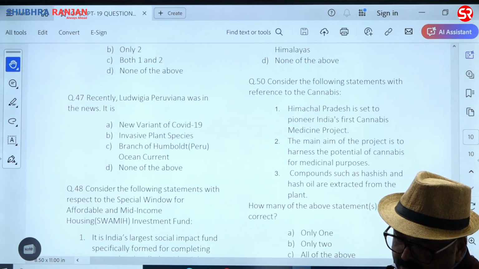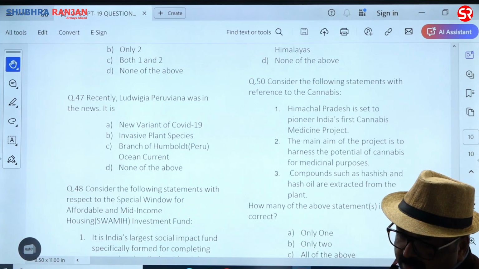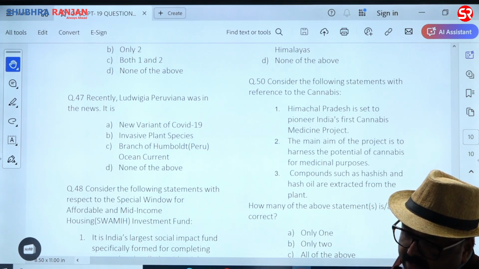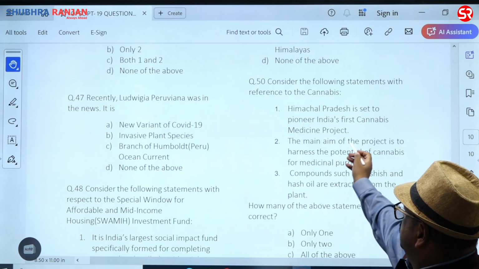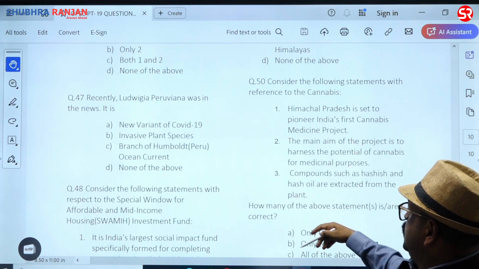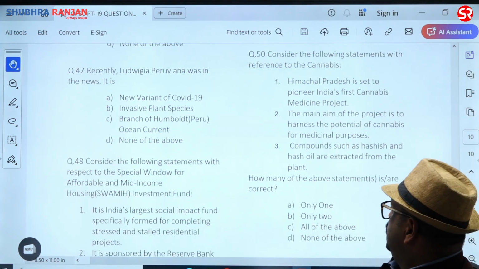Statement 1 is incorrect because CSIR IIM Jammu is the first of its kind in India to initiate this cannabis research project. So ये जम्मू कश्मीर है, हिमाचल प्रदेश नहीं है. 2 and 3 are correct. So only 2 statements are correct.